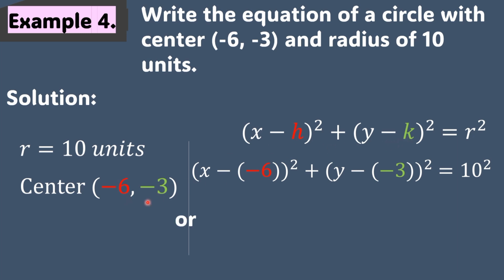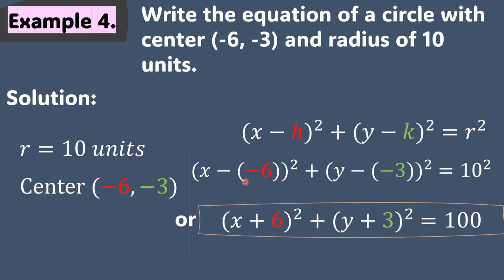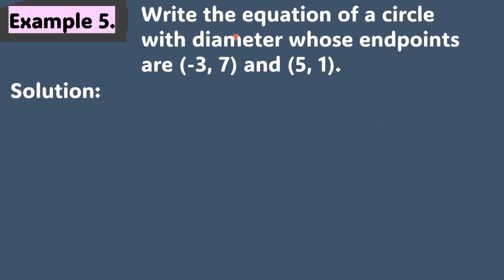Therefore, it's (x + 6)² + (y + 3)², because negative times negative is positive, equals 10², which is 100.